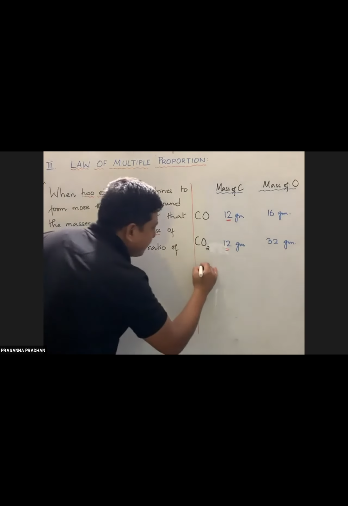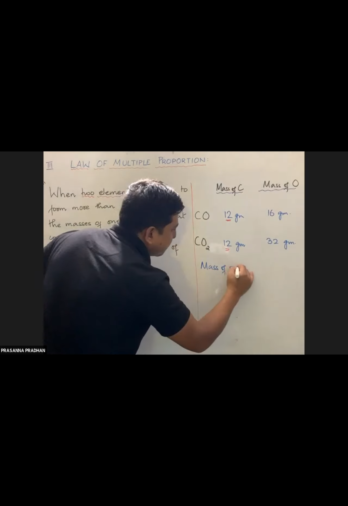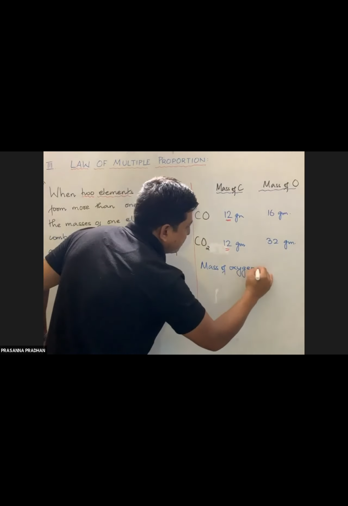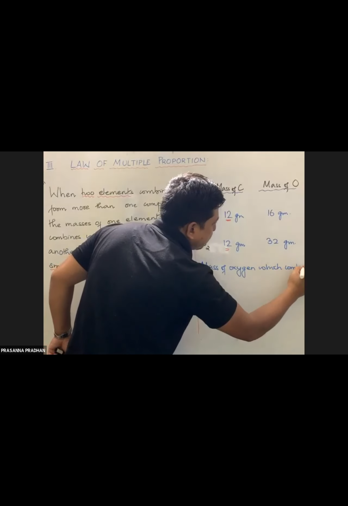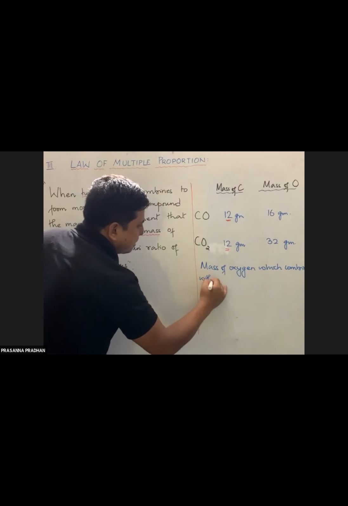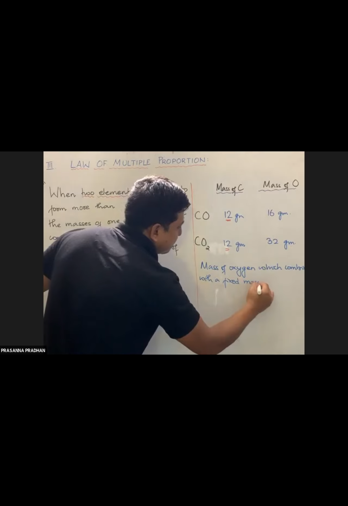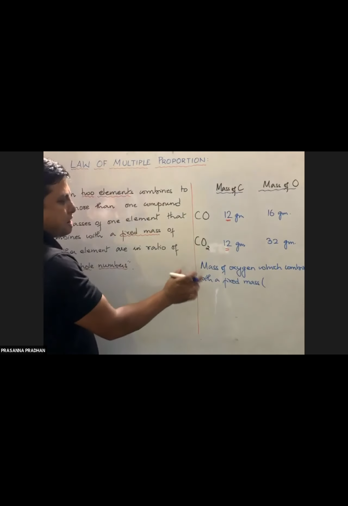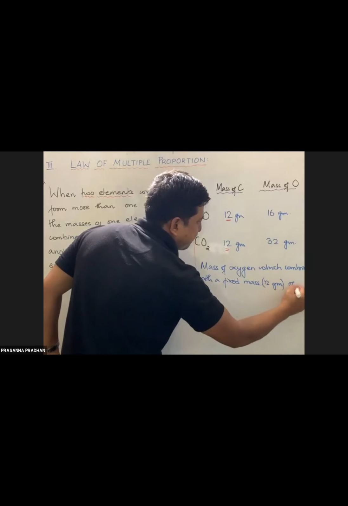So can I say the mass of oxygen which combines with a fixed mass, how much mass of carbon is fixed? 12. Which combines with a fixed mass of 12 gram of carbon.